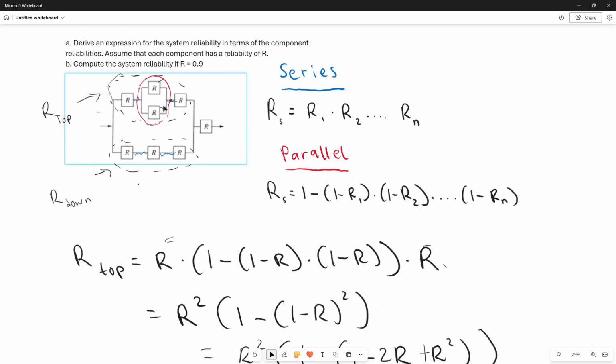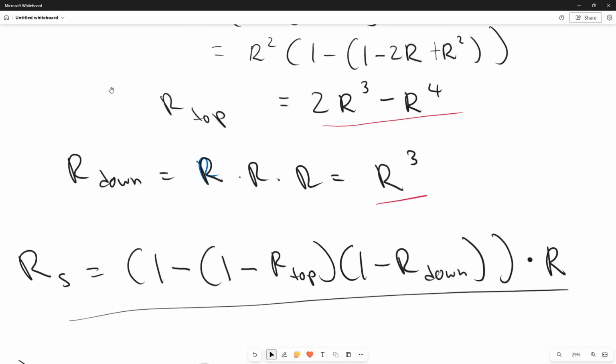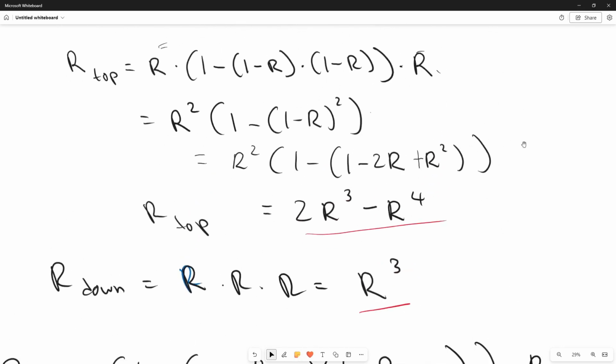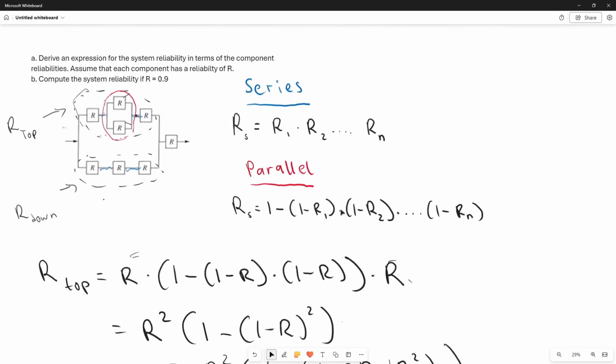So this and this in parallel, and then both are in series with this. For parallel it is 1 minus, in parentheses, 1 minus R1 times 1 minus R2, like that.